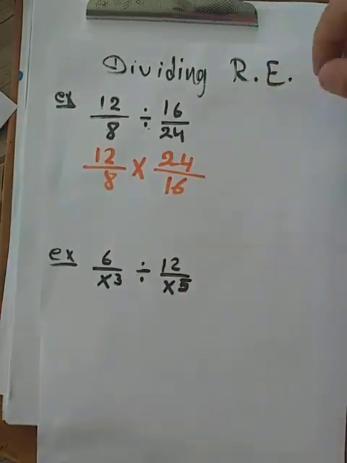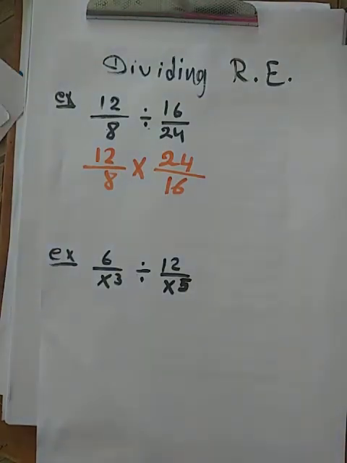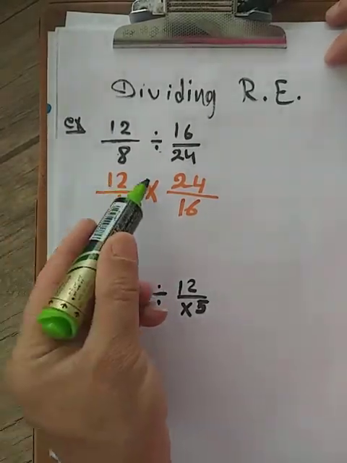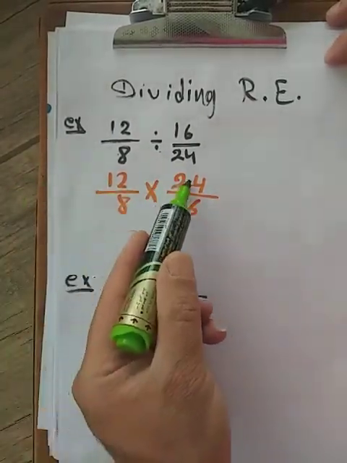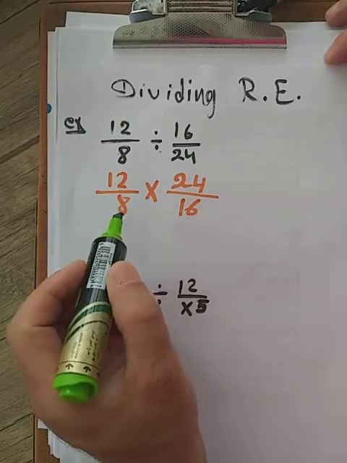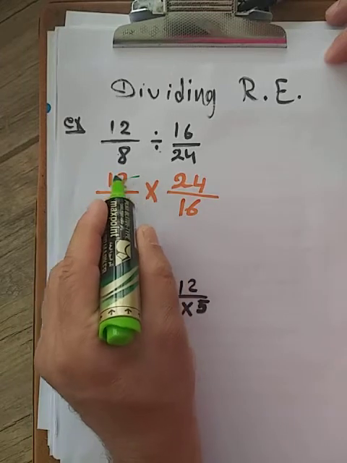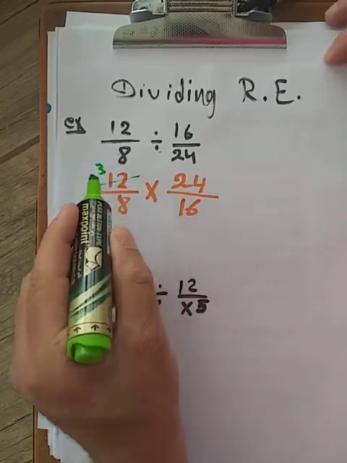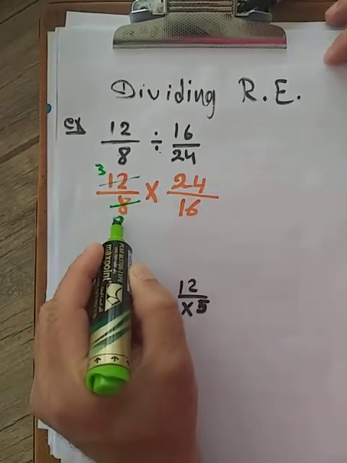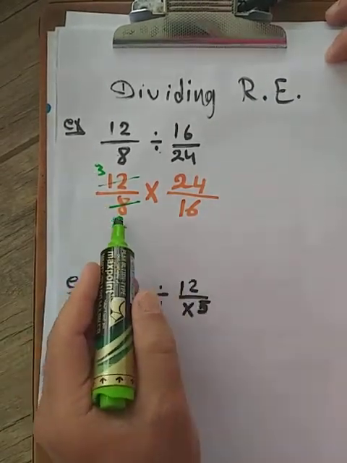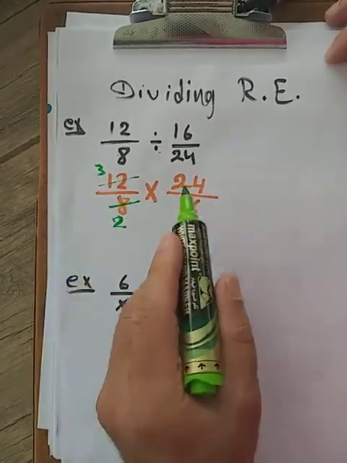Now look for cancelling. Can we reduce something? From left to right. 12 with 8 with 16? Yes. By 4, 3. By 4, 2. Do you have more? No.